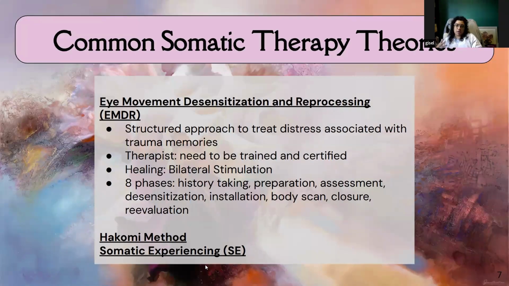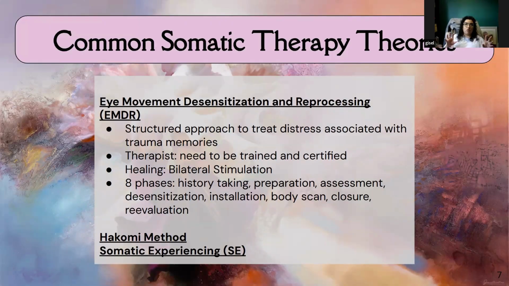Then EMDR is another form of somatic therapy. Now, this particular approach has a very structured way of defining healing and providing treatment. So with this, therapists need to be trained and certified in EMDR, and there's not too much wiggle room or flexibility when it comes to the process of providing EMDR therapy.